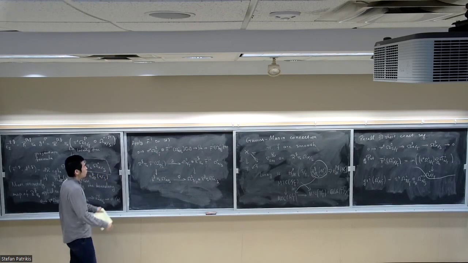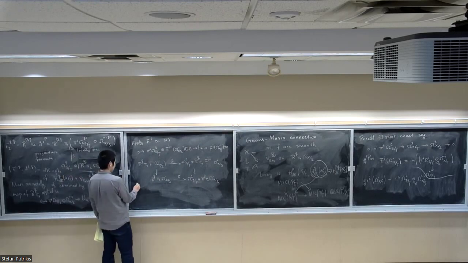So what is the point of writing this down? The point is that this explains Griffiths transversality.